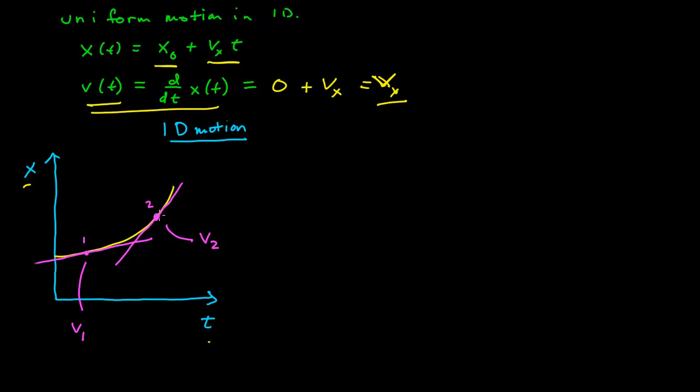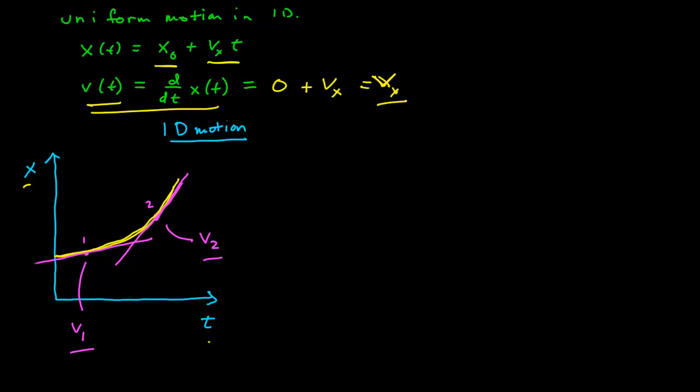The slope of the tangent line at point 2 is steeper than the slope of the tangent line at point 1, and so the velocity at point 2 is larger than the velocity at point 1. And so we can see by this curved position versus time graph that the velocity is positive in both cases, positive slope, and increasing. And so we can use these types of graphs to extract physical information about the system.